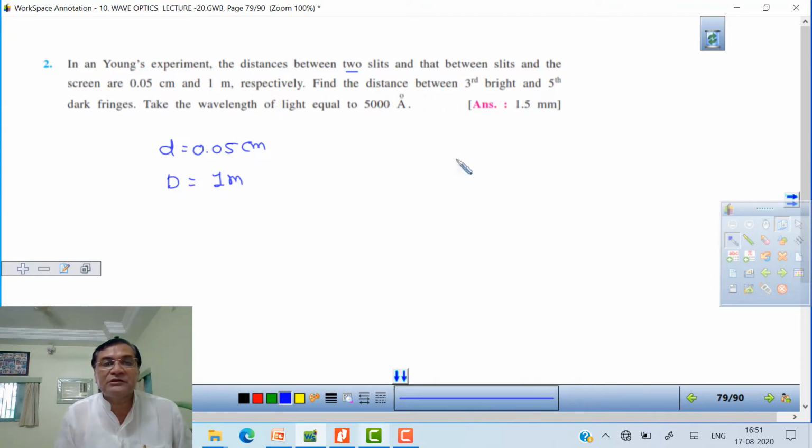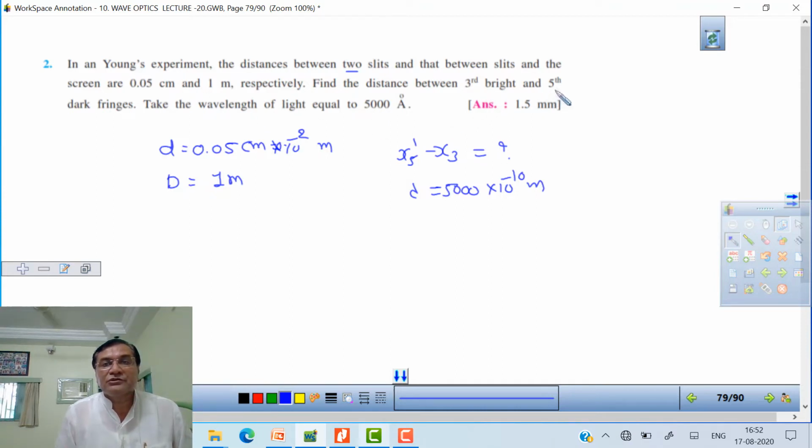Find the distance between the third bright and fifth dark. I always use prime for the dark and without prime for the bright. So I have to find this distance. Take the wavelength as 5,000 angstrom, so into 10 raised to minus 10. Now it is in meter.